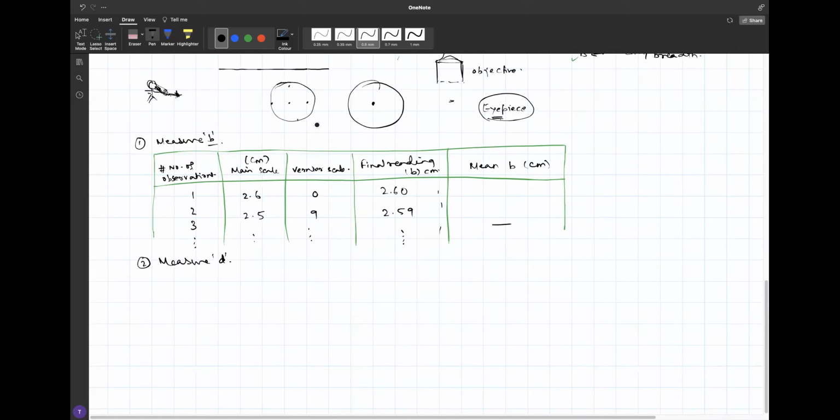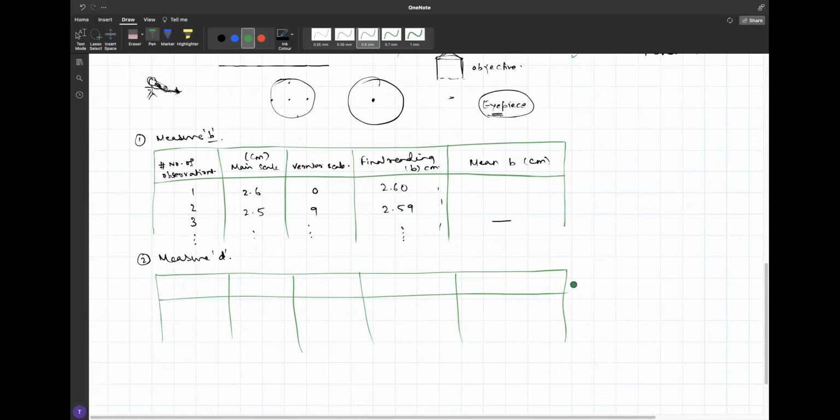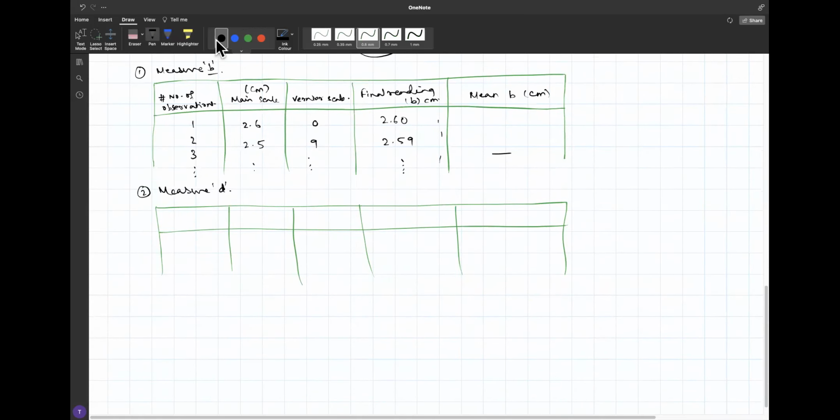Same thing I'll do for D, okay? So I'll make the same kind of columns, but now for this I'm using a screw gauge, right? That's the only difference. But I'll make a table again. And then I will write again number of observations. Then I will have a main scale.